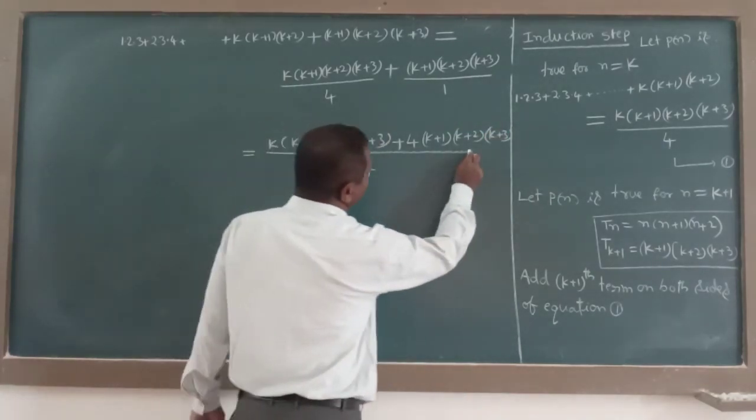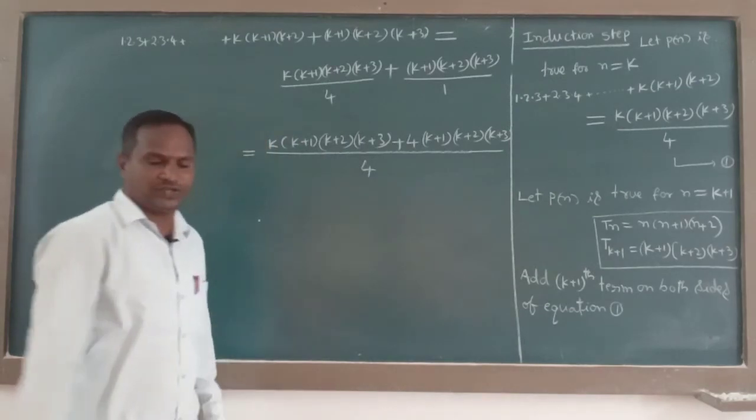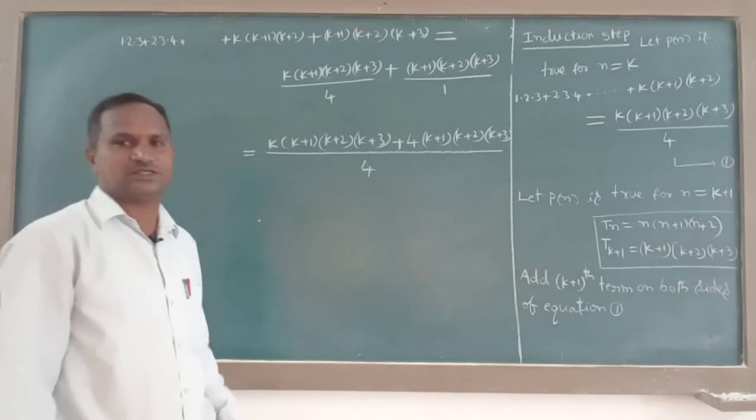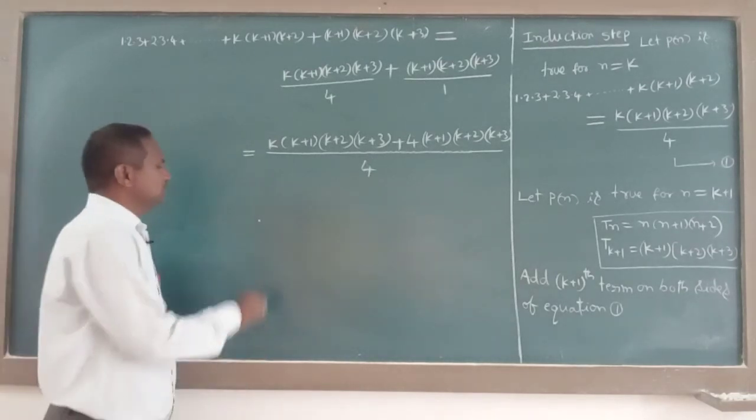Now if we observe these two, we can take k plus 1 into k plus 2 into k plus 3 common outside.